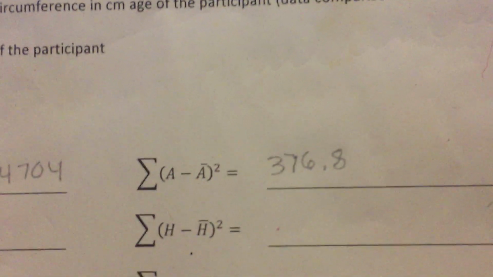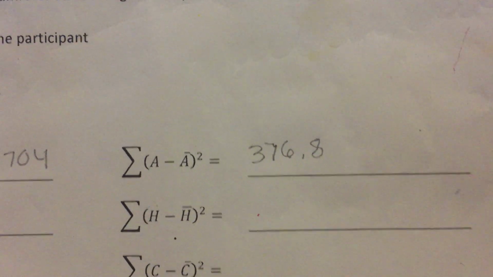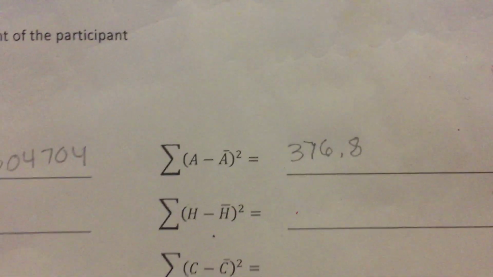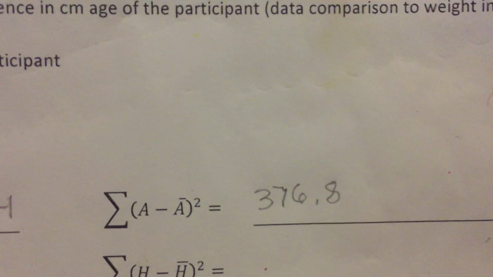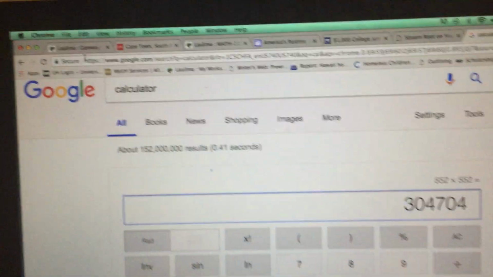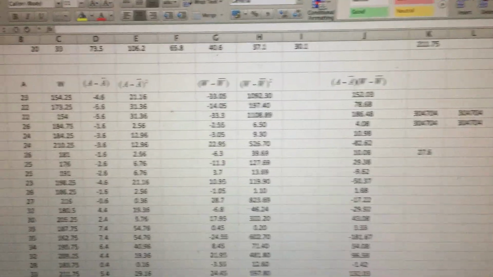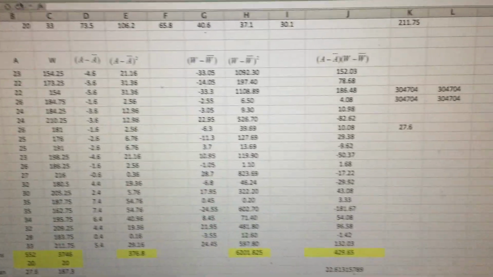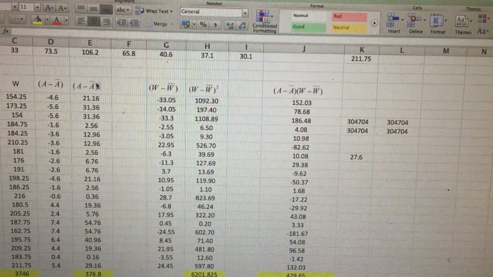Okay, next, we've got the sigma of A, which is age, minus the age's mean, squared. Basically, it's the sum when you add up all of the ages minus the age's mean, squared. Going back to that chart, the age minus the age's mean squared is in this column.